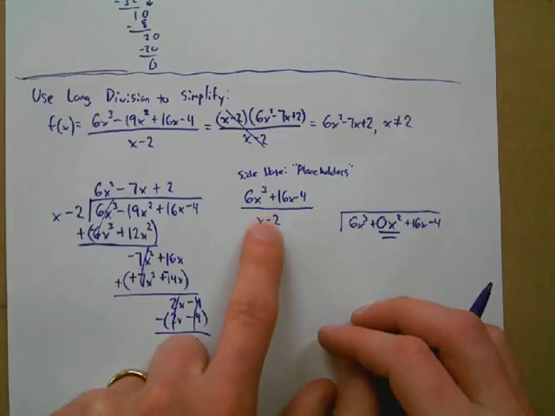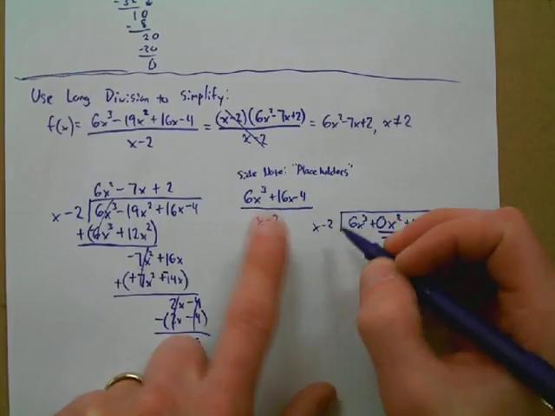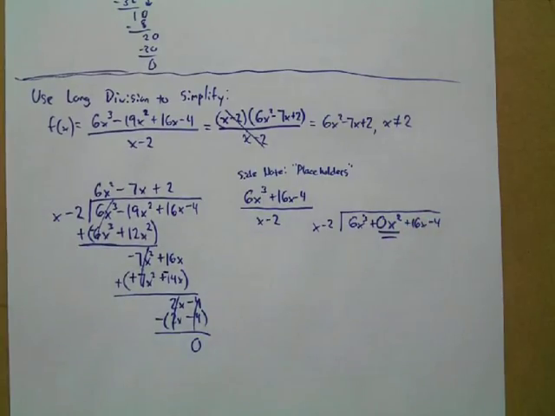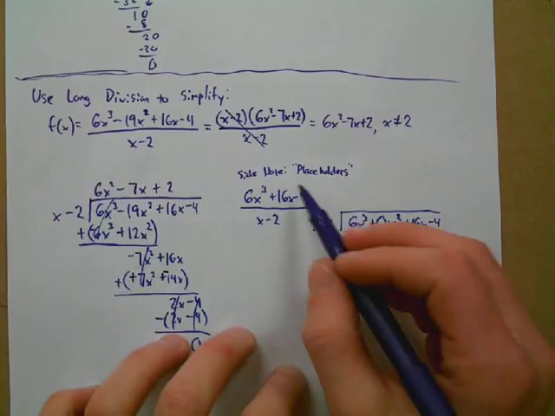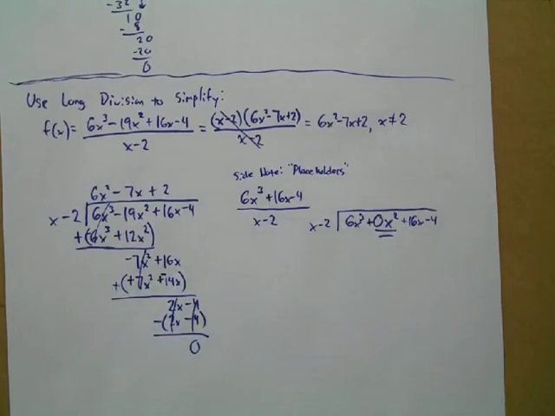That's a placeholder right there. We're missing the x squared term, so we need to put in a 0 placeholder for that. If you're missing a term in either the thing you're dividing by or the thing you're dividing, both of those need it.